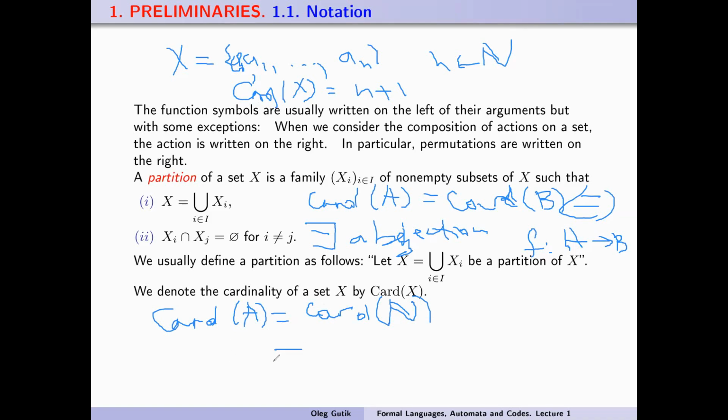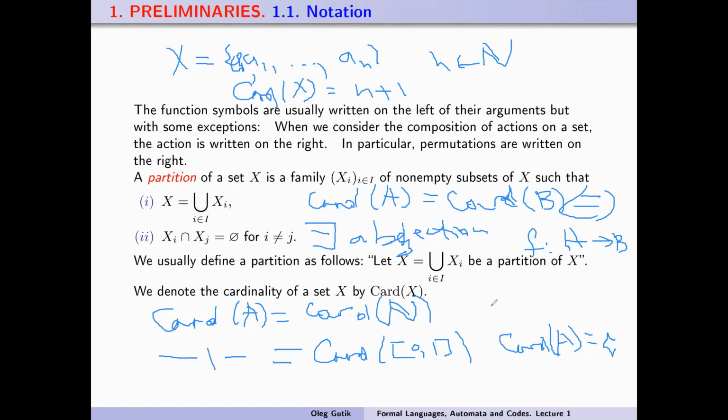If the cardinality of A is equal to the cardinality of the usual interval from 0 to 1 of real numbers, then we write that the cardinality of A is the continuum. We shall write this as a small Gothic c.